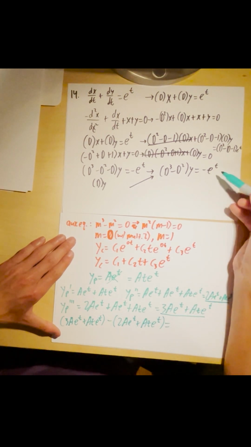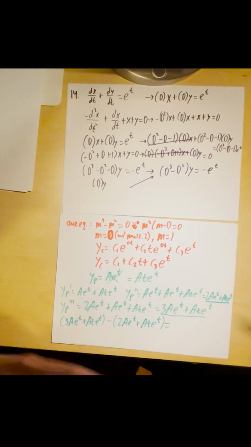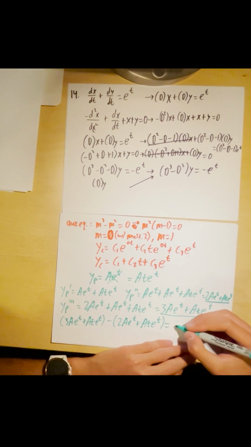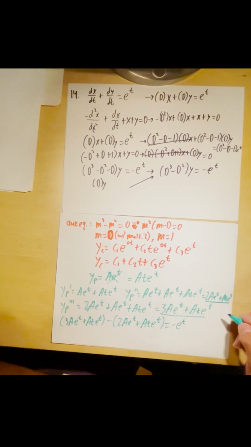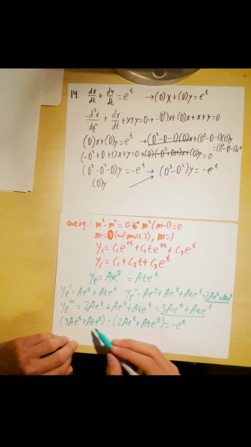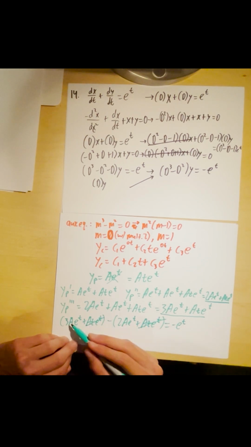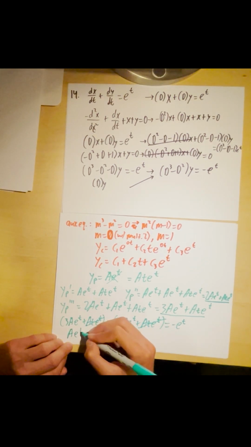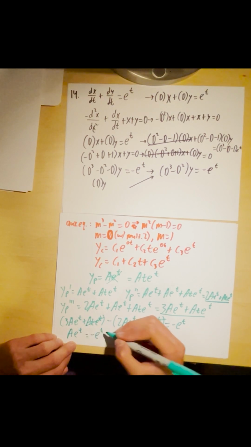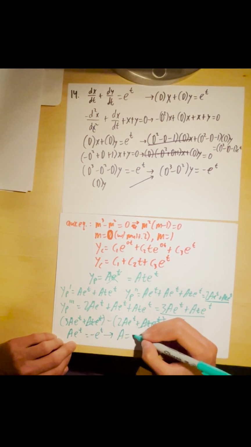And it is going to equal whatever we have at the end here because we're looking for the non-homogeneous part of this equation. Canceling, so this will cancel with this because we have the negative sign. And this will reduce to a e to the t equals negative e to the t. Therefore, a equals negative 1.